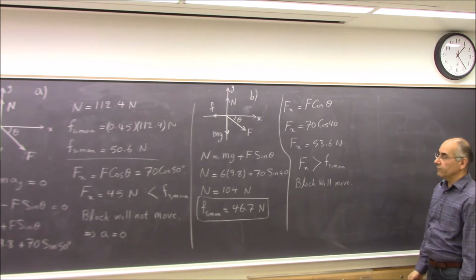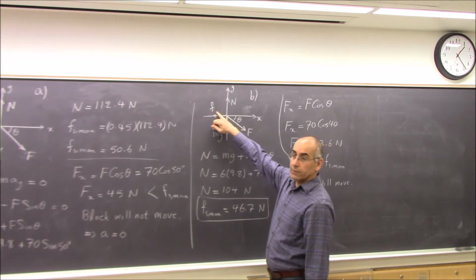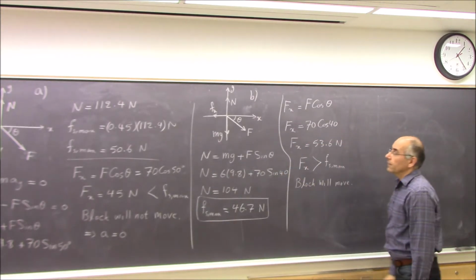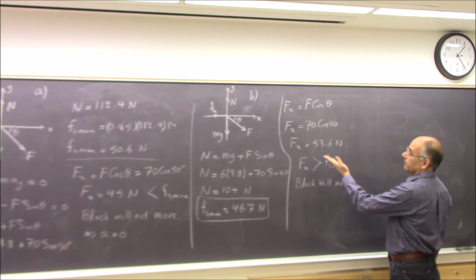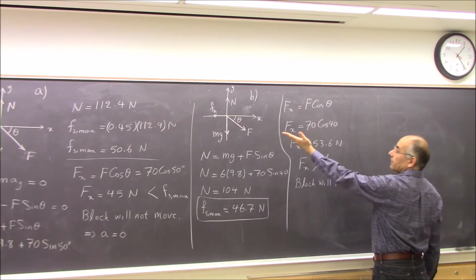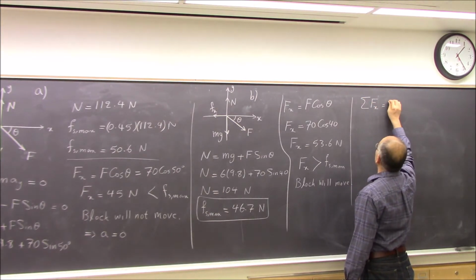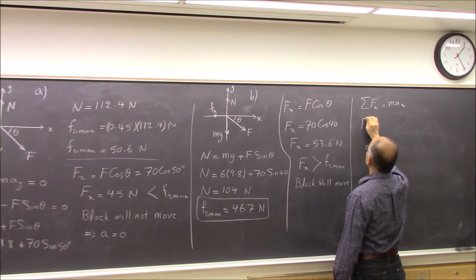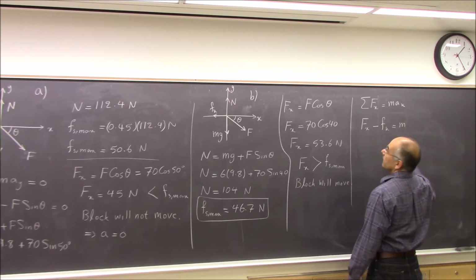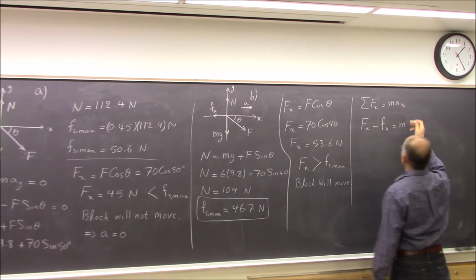Now, how do we find the acceleration? As soon as the block is moving, the friction is kinetic, Fk, right? So we call it Fk, and we already know the normal force. The normal force is 104 Newton, and we can write in the x direction sum of Fx equal to m a x. Sum of Fx is Fx, which we already calculated, minus Fk, equal to the mass times the x component of acceleration. Acceleration will be in the x direction, so the x component is equal to its magnitude.